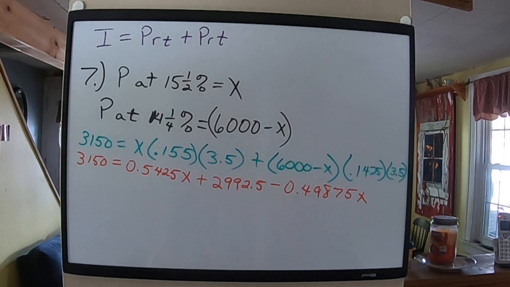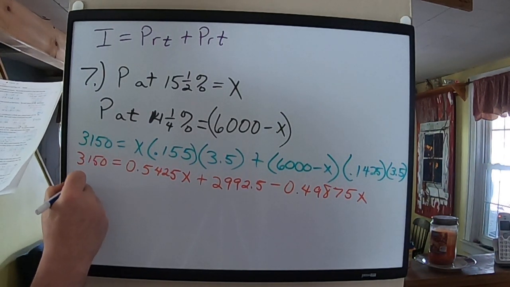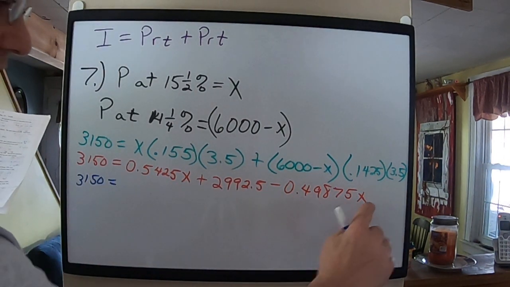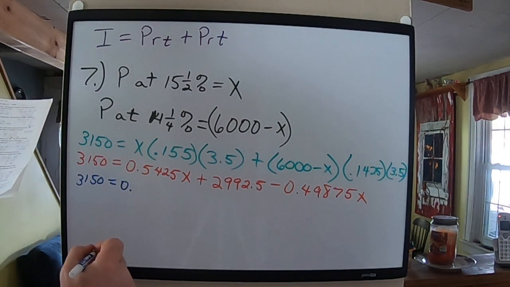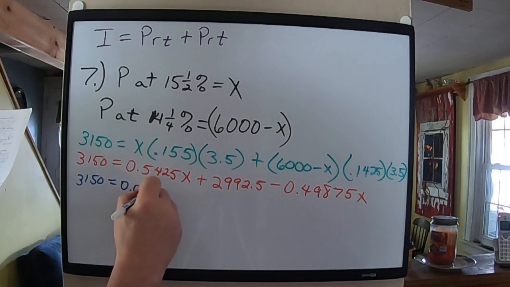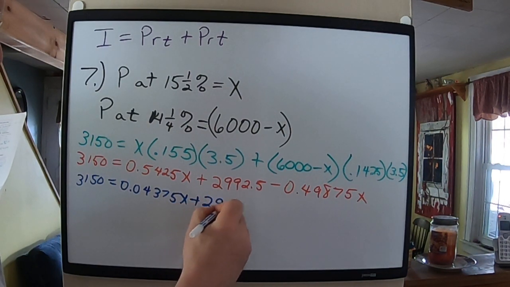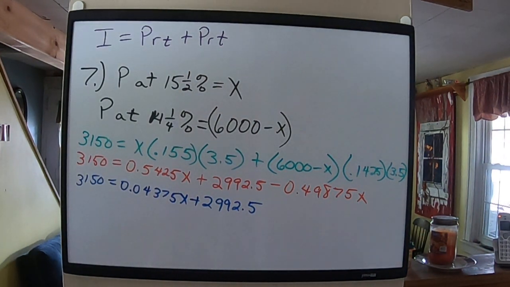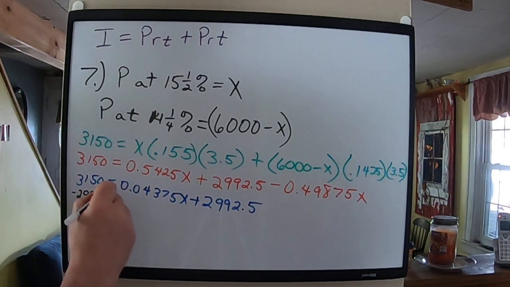All right, so let's take a look at how this plays out and combine like terms. I combine this x and negative that x to get 0.04375x plus the 2992.5. I'm going to get rid of that 2992.5, so I'm going to subtract 2992.5 from both sides.